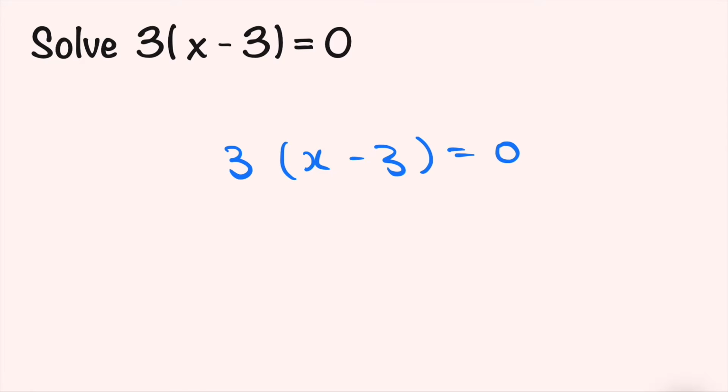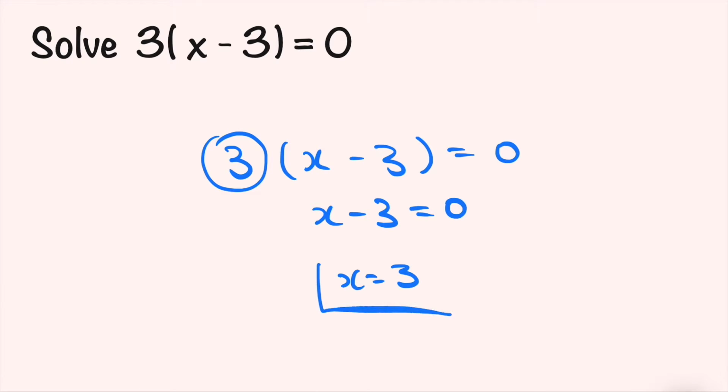Again, since 3 is not equal to 0, that means our x minus 3 has to be equal to 0 in order for 3 times x minus 3 to be equal to 0. When is x minus 3 equal to 0? X has to be 3 in order for x minus 3 to be equal to 0. So the answer to our question is x is equal to 3.